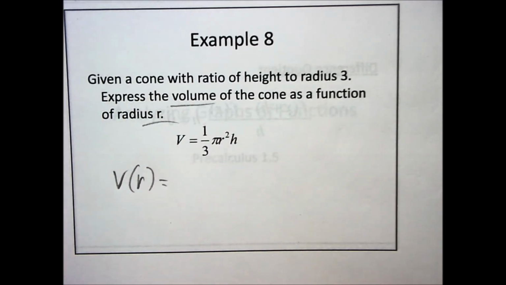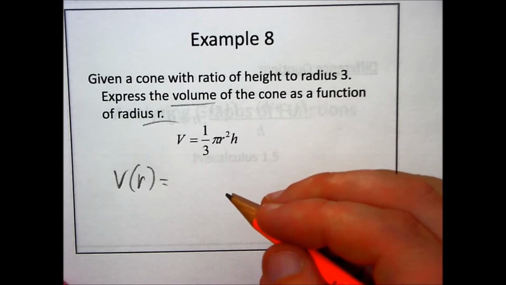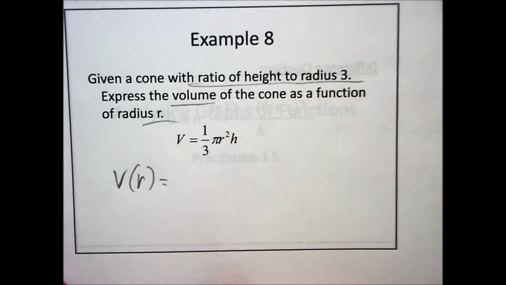So what's the problem? What do I want to get rid of? H. So I want to replace the h with either a v or an r somehow. So I need to look at the problem and see if there's a relationship between those. Ratio of height to radius.